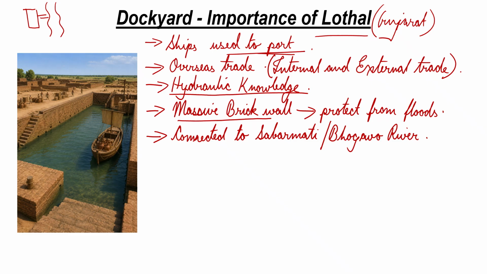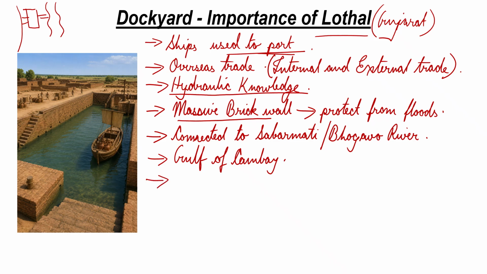It also had another outlet to the Gulf of Cambay, which was a sea. So on one side it was connected with the Bhogavo river, another side it was connected with the Gulf of Cambay. So that is how the dockyard of Lothal was connected on two sides, and thus it must have been very important for trading activities.